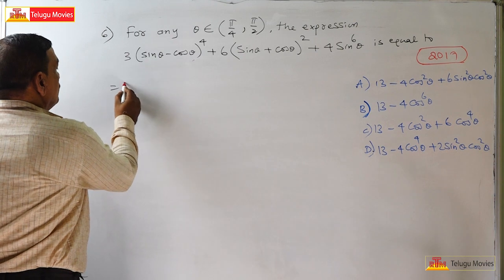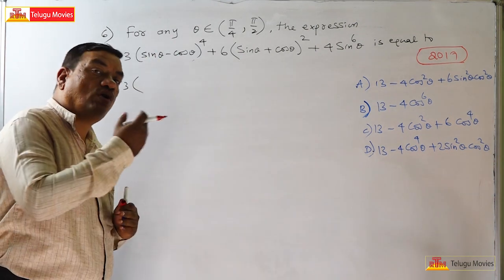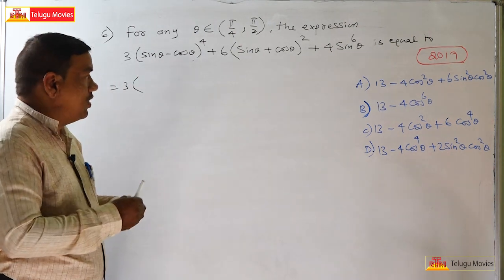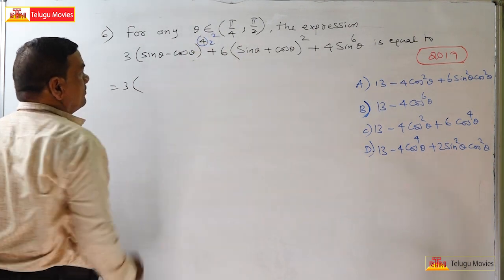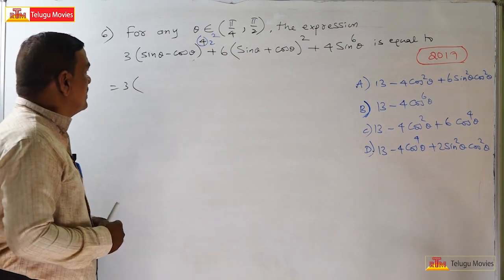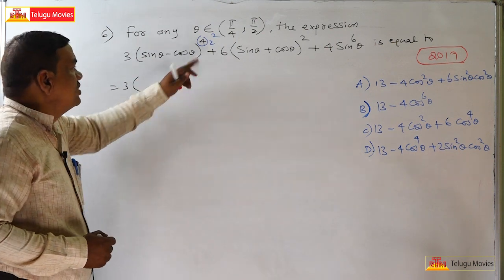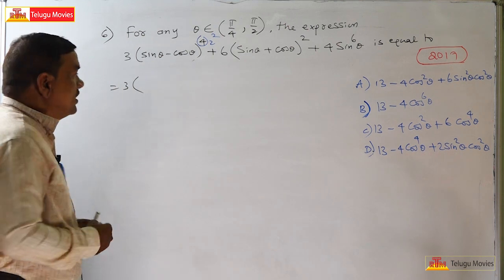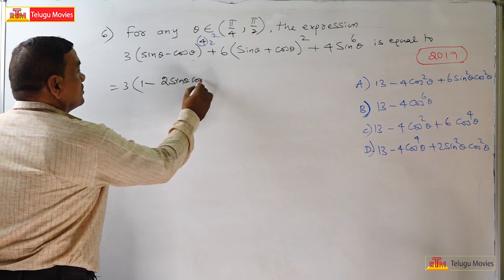So this is equal to 3 times, see here, sin theta minus cos theta whole to the power of 4. That means we can write sin theta minus cos theta whole square, and this we can write as a whole square. Understand? So first one, sin theta minus cos theta whole square means, a minus b whole square, a square, sin square theta plus cos square theta, that is equal to 1 minus 2 sin theta cos theta.